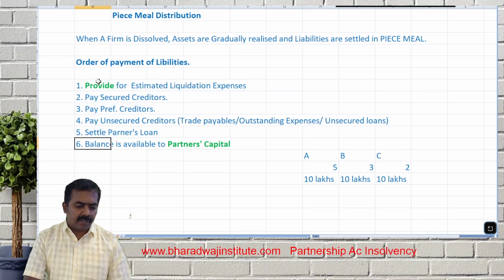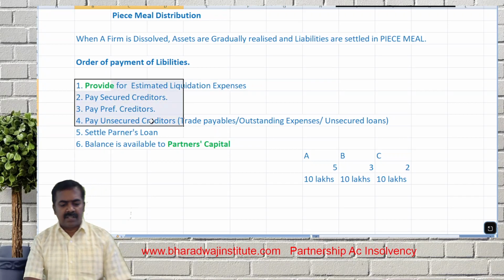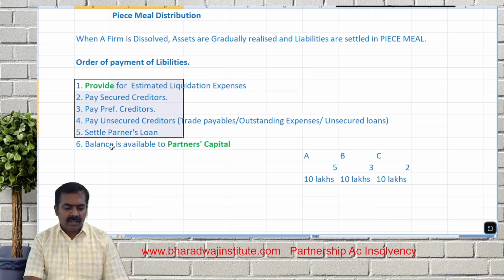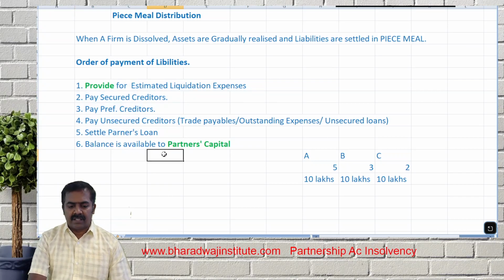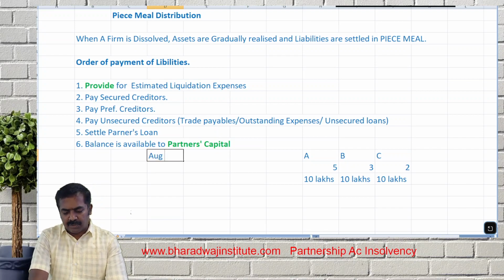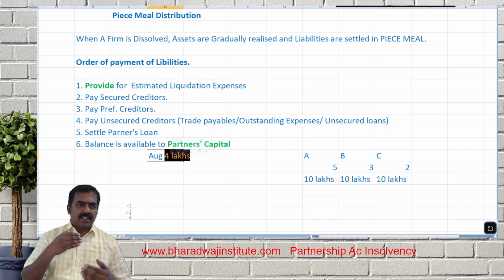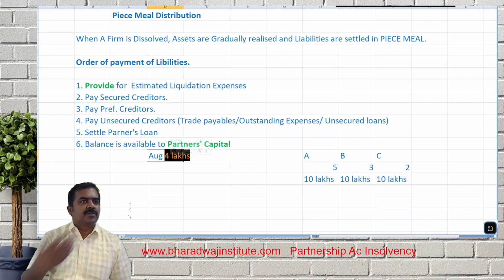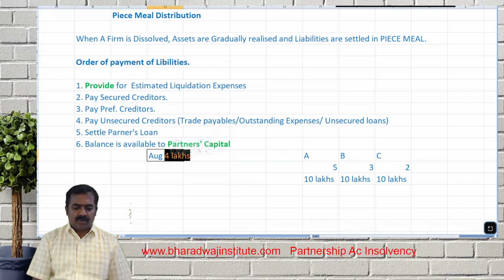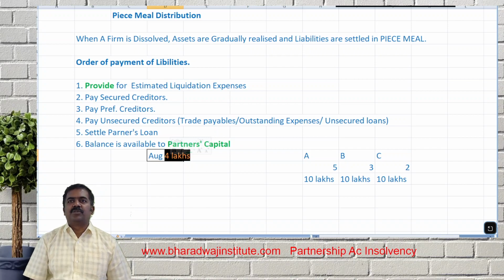After paying expenses, creditors, preferential creditors, unsecured creditors, and loan, the balance available to partners' capital, during the August month, was, let's assume, 4 lakhs. Of course, September, October, November, we will sell further assets and pay. In August month, what is the money available? 4 lakhs.